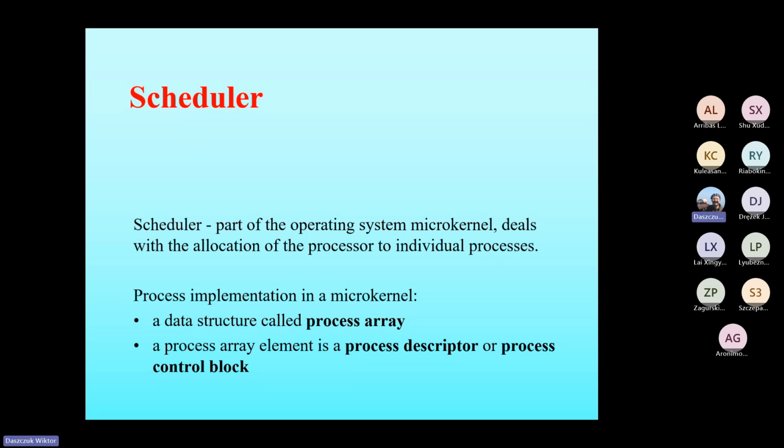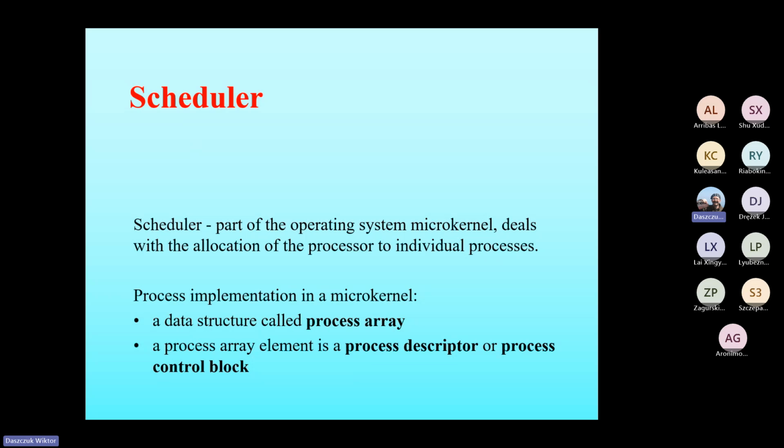In Phoenix, for example, it is a tree, to easily find the process, because the searching time in a tree is logarithmic. And an element of this, in abstract words, array, is a process descriptor, or PCB, a process control block.